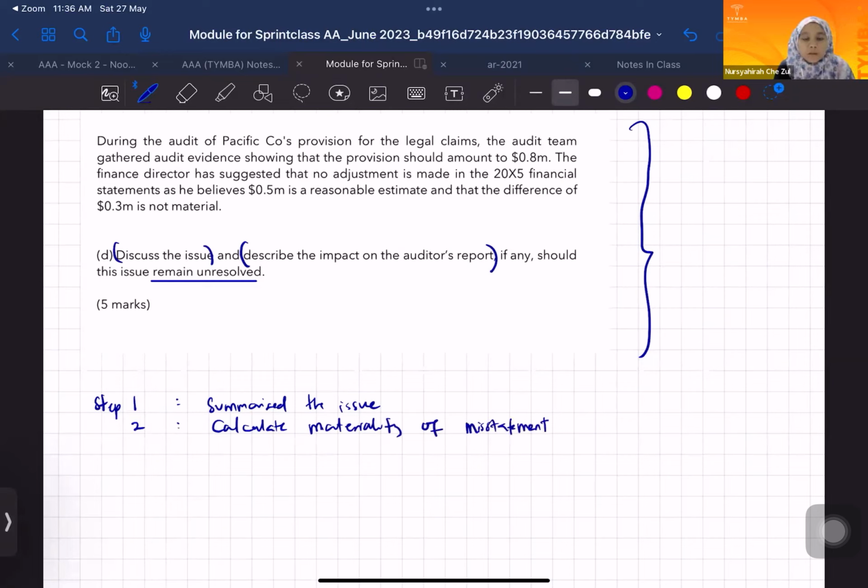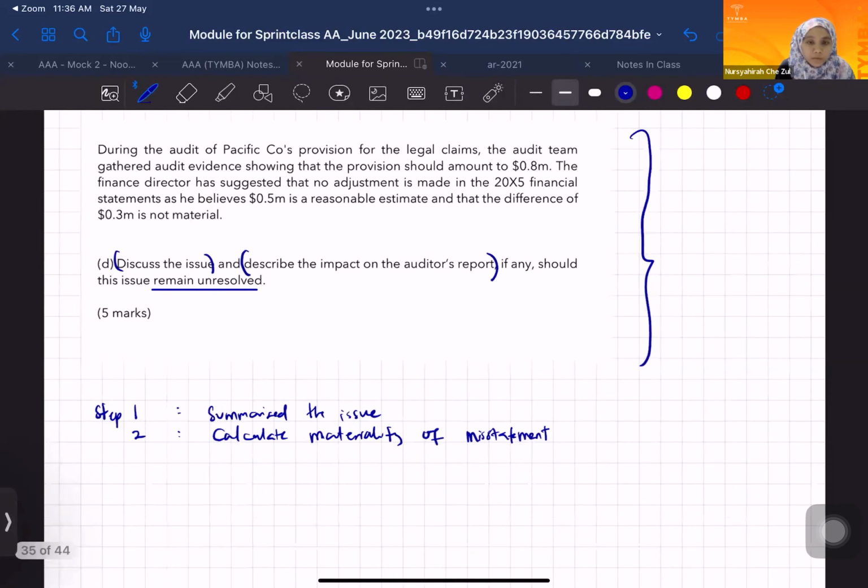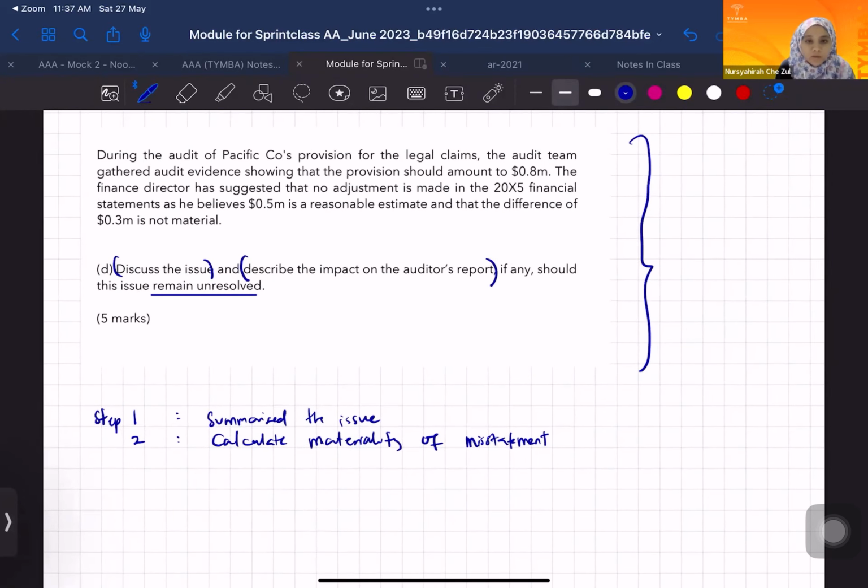You have to remember this question relating to audit report. The point of view is that the audit team has done performing the procedure. Now they have some findings, and those findings may include a misstatement in the FS. The partner will consider this misstatement. If it remains unresolved, what is the impact on the auditor's report?